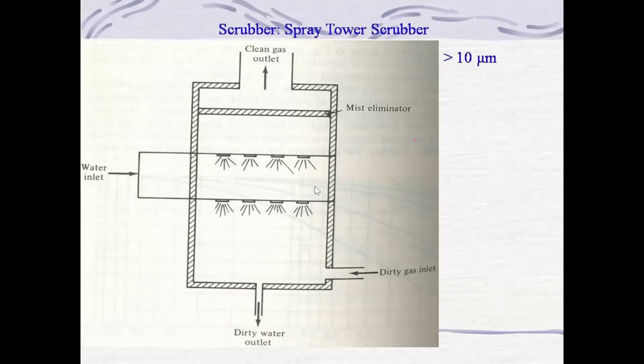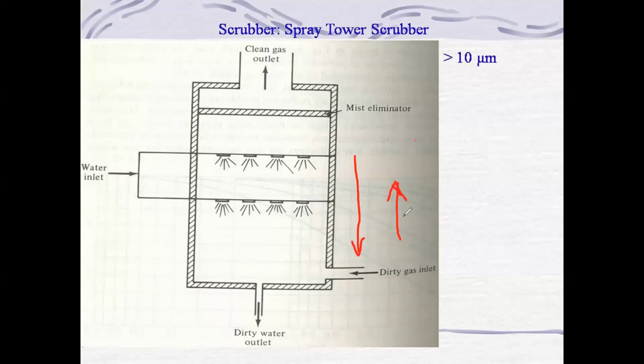By gravity, the water droplets start falling down. So the direction of gas is like this, and the direction of scrubbing liquid is like this.